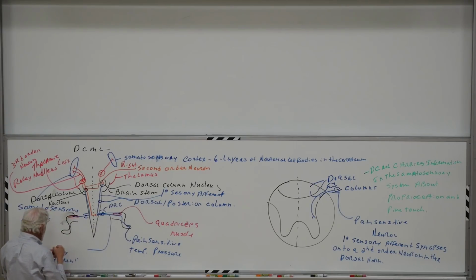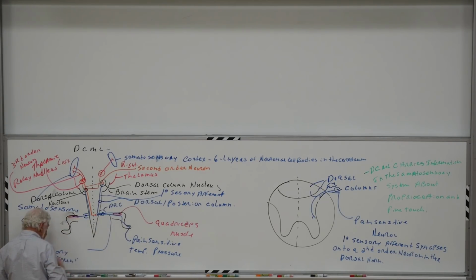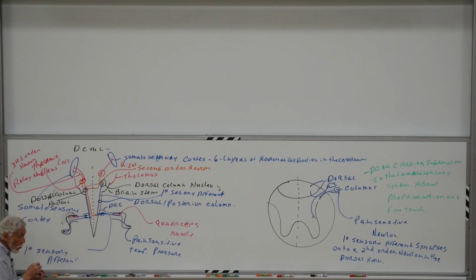And we can also do the same thing with the pain-sensitive neuron down here in the toe. So again, we have the primary sensory afferent. It has a process that comes in to the dorsal root ganglion. The process then comes into the dorsal horn, and immediately in the dorsal horn synapses onto the second-order neuron.